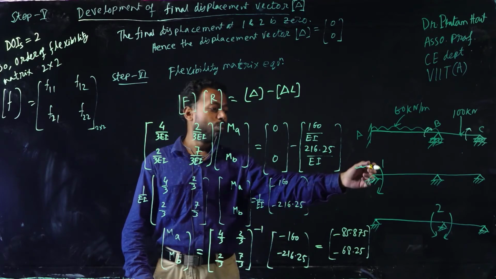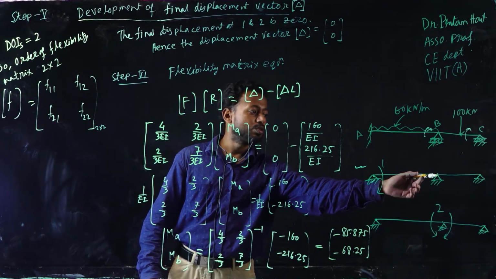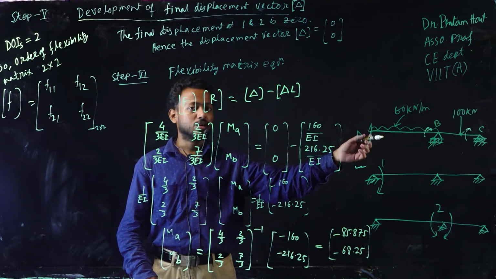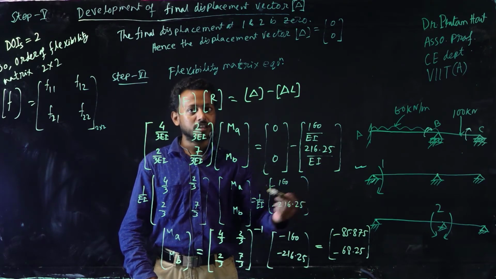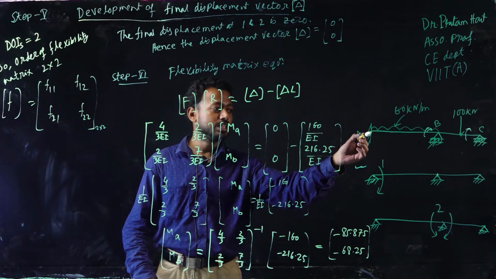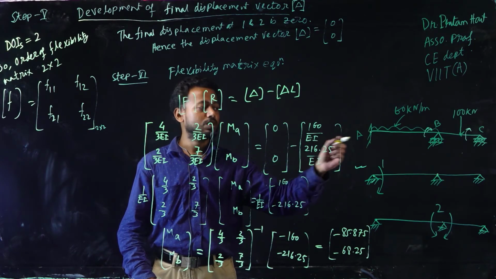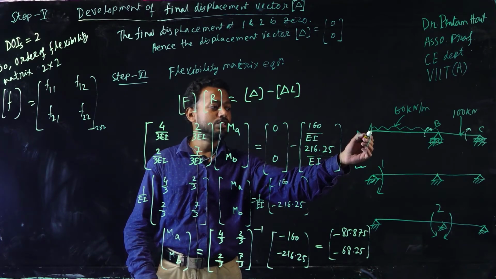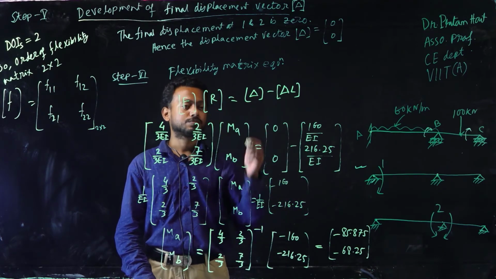Why? Because one coordinate direction is fixed and 2 coordinate direction is also fixed. It is a roller support, which could move horizontally because it cannot resist horizontal displacement, but due to this fixed support it cannot move horizontally and it cannot move vertically either. So the 2 coordinate direction cannot move either horizontally or vertically, and due to this fixed support it cannot move vertically or horizontally.